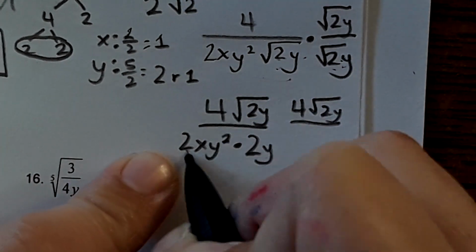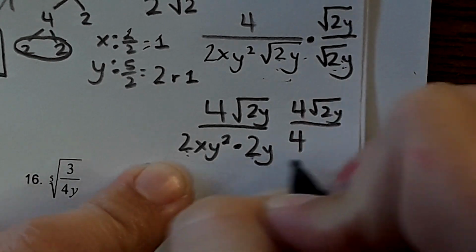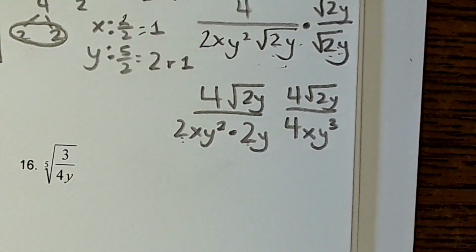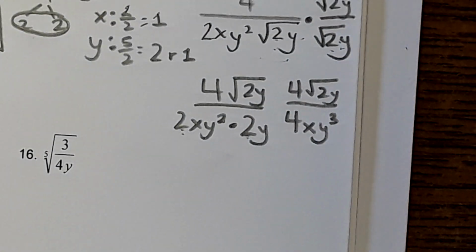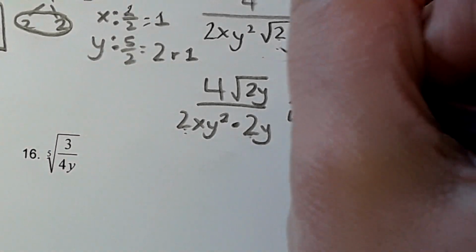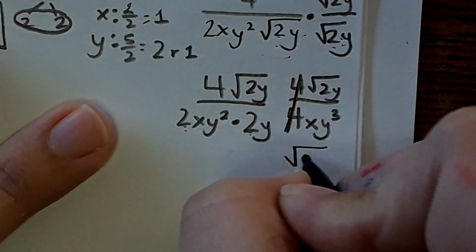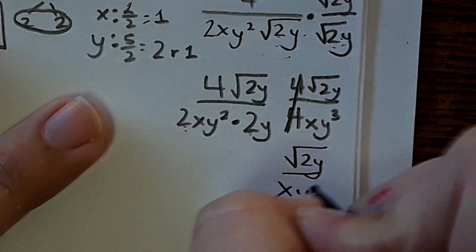Combining like terms here, 2 times 2 is 4, x, y to the third power. And last but not least, the 4 divided by 4 is just going to cancel to 1. So our answer then is this.